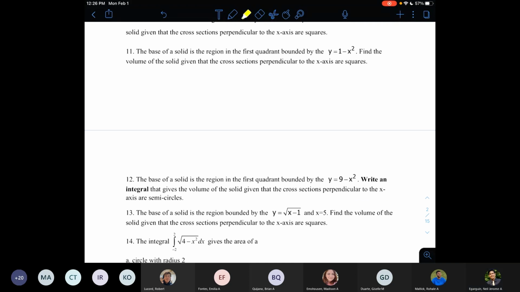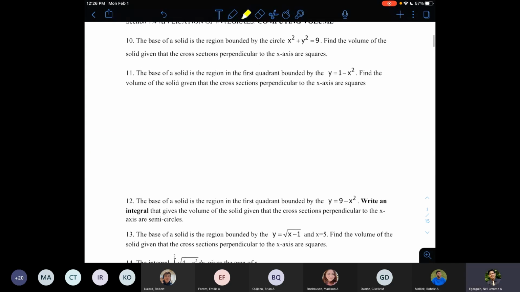Well, it's similar to problem 10, and actually problem 11, because here the cross sections are again squares perpendicular to the x-axis. So your solution would be similar to problem number 10.